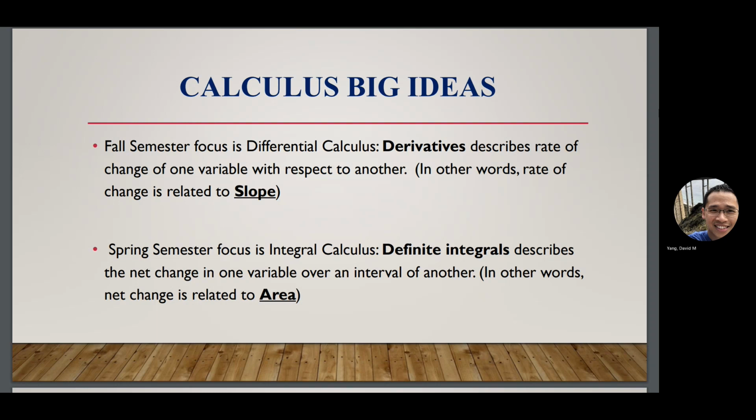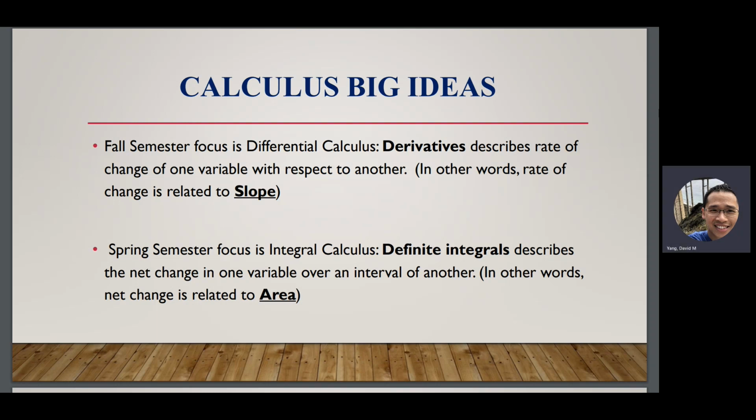Now, if you think about anything that you did with math, you always learn one concept, and then the next thing you do is learn how to undo that process, right? You first learn addition, and then you learn subtraction. You first learn multiplication, and then you learn how to undo it, which is division. And slope and area, or derivatives and integrals, have that relationship as well. So first semester, we're going to learn the process of finding a derivative.